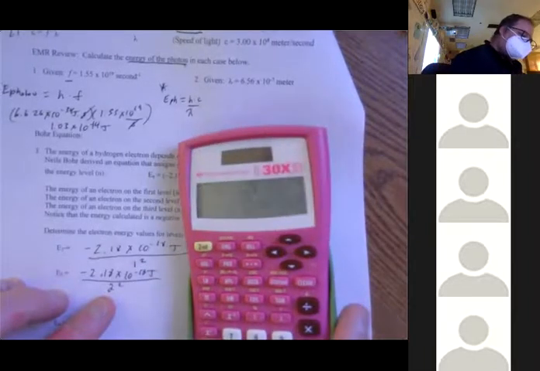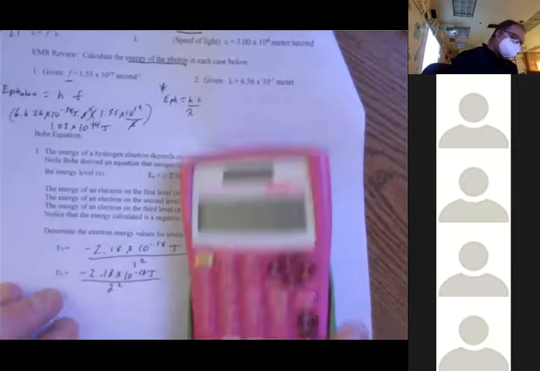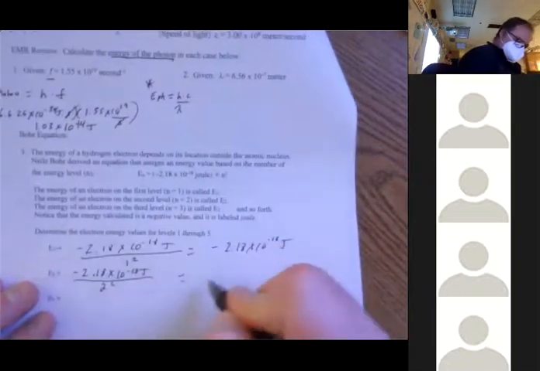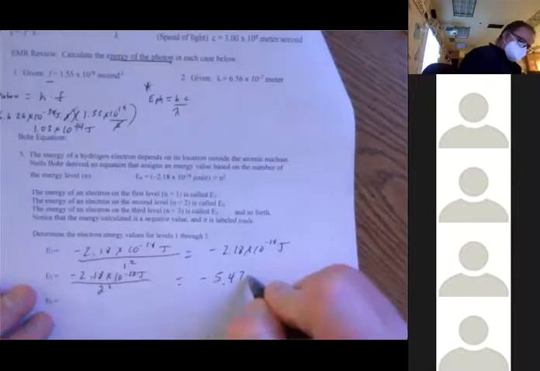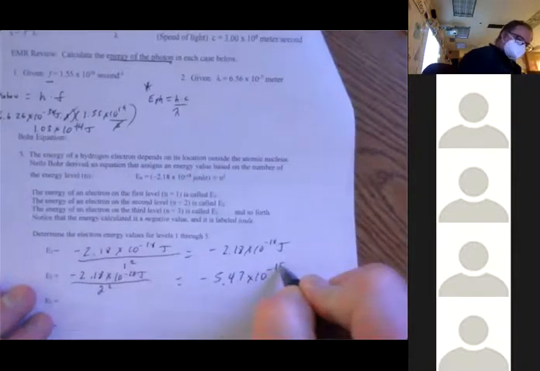We get negative 5.467 or negative 5.47 times 10 to the negative 19 joules.